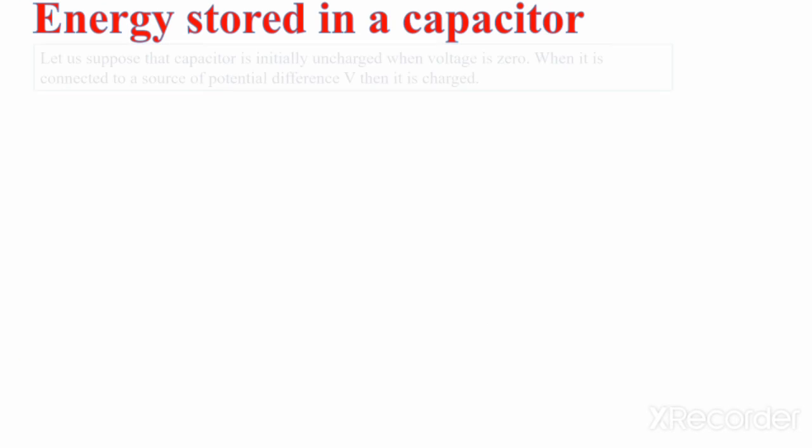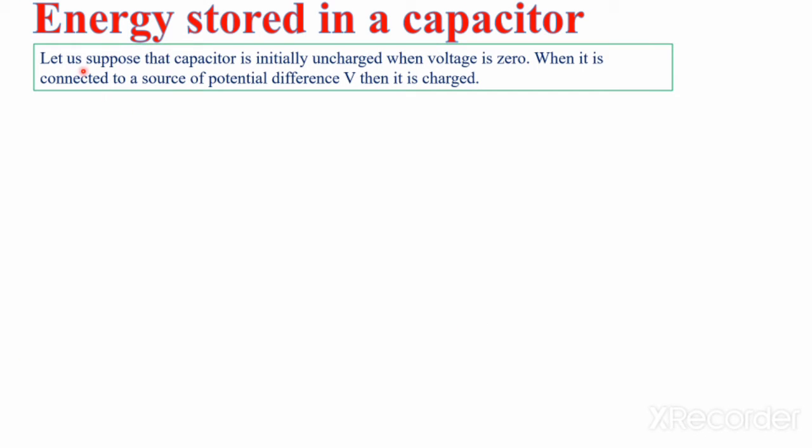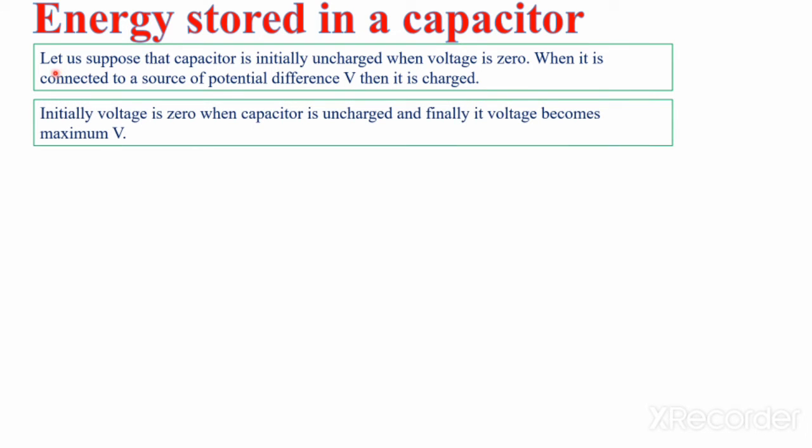Let us suppose that the capacitor is initially uncharged, when voltage is 0. When it is connected to a source of potential difference V, then it is charged. We know that when we provide 0 voltage to a parallel plate capacitor, we get 0 charge on the plates of the capacitor.